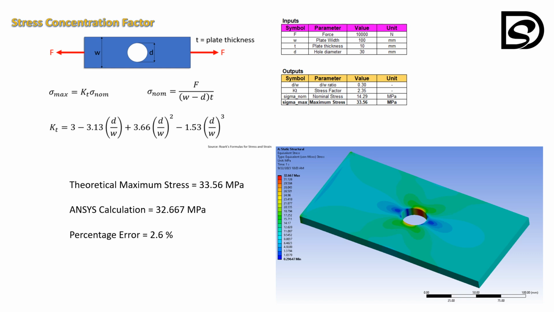And from FEM, we saw that we get the solution of 32.66. So it's almost 2.6 percent error. So that's not that much. And now you can correlate the theory with the numerical simulation.